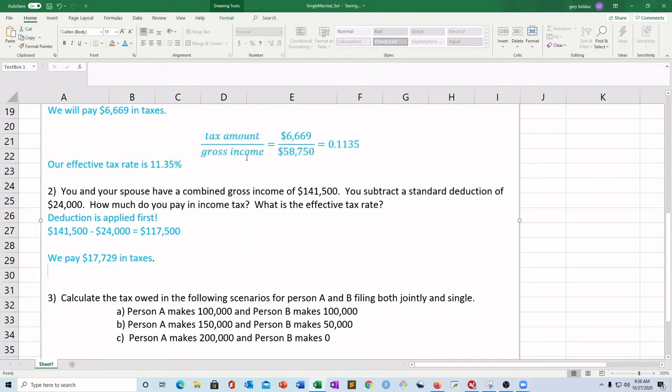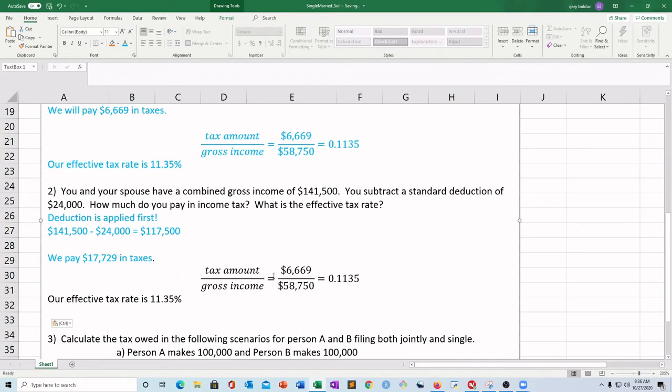Well, we can take what we had up here and just paste it in here, because we're going to use it. Remember, it's the tax amount divided by the gross income. So we pay $17,729, and our gross income was $141,500.